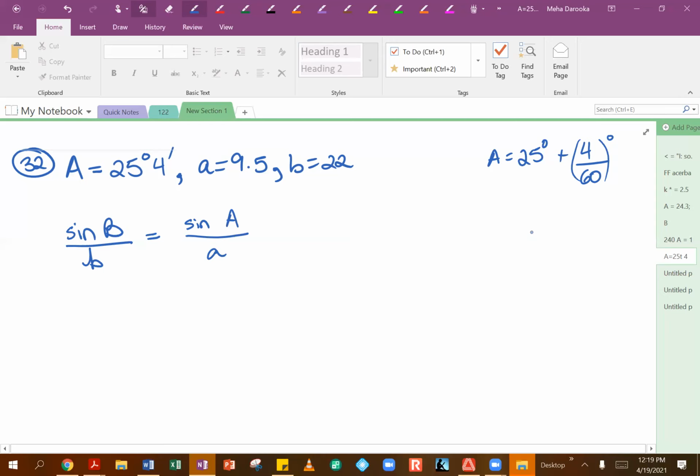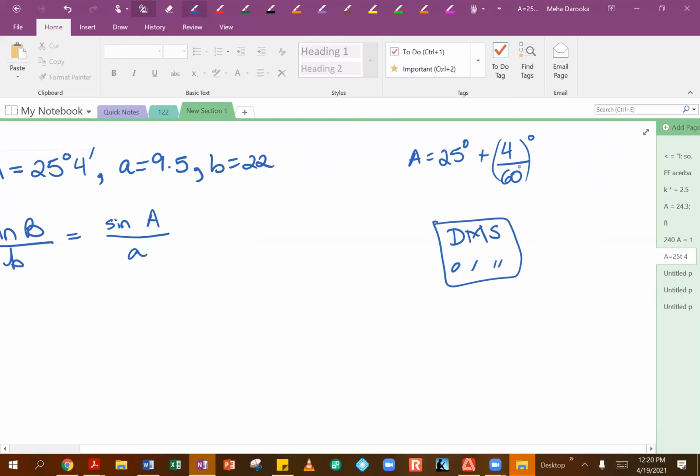If you look at your calculator, depending on what calculator you have, you may either see the DMS key, or you may see degrees, minutes, and seconds on your key. So I'm actually going to be using this, since we are going to use the calculator to solve these anyhow. If you wanted to convert this, the only difference is that 4 out of 60 is going to be a non-terminating decimal, because you're going to get 0.0 and then 66666 repeating.